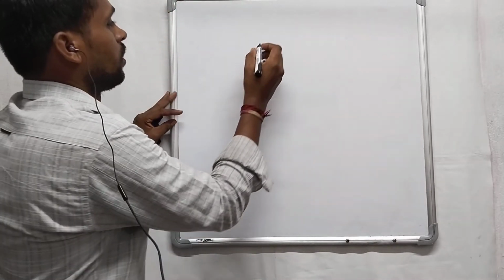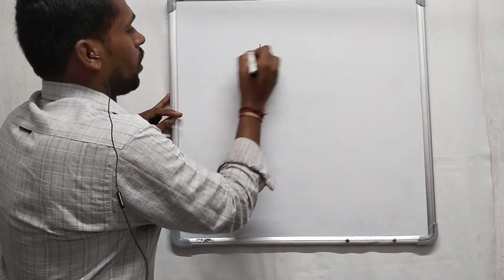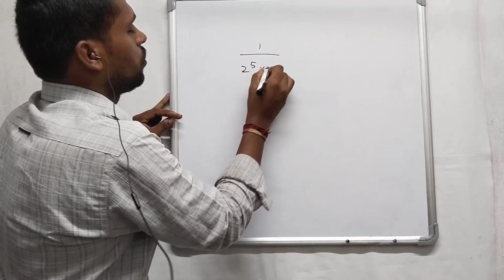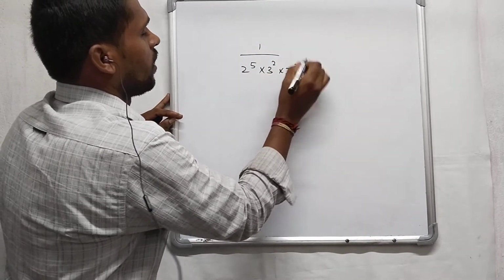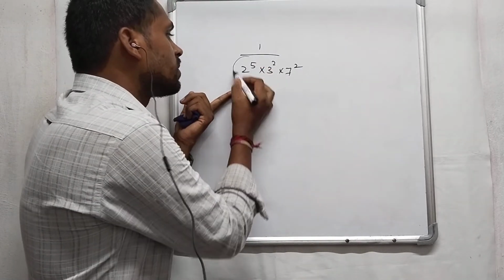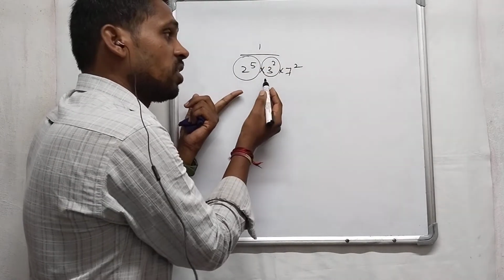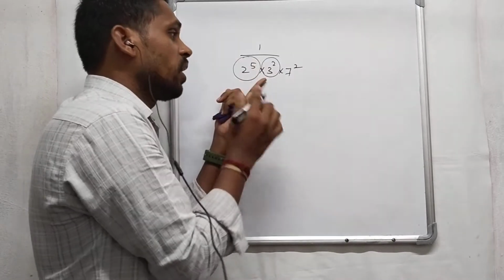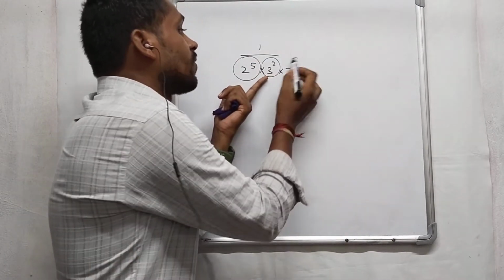For example, one more: 1 by 2 power 5 into 3 square into 7 square. Is it a terminating number or non-terminating? Here 2 power 5 is there, but 5 power is not there, and there is an extra 3 square, 7 square.